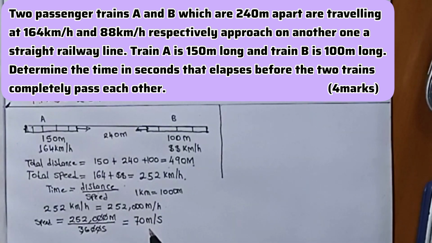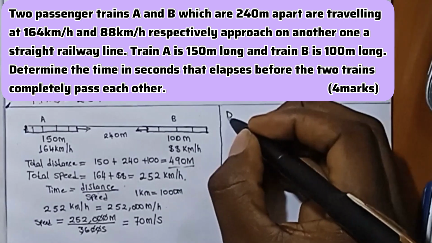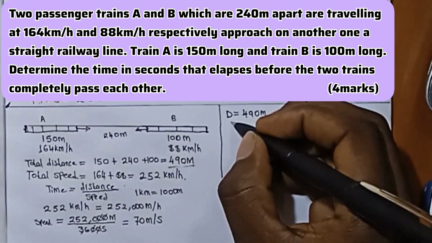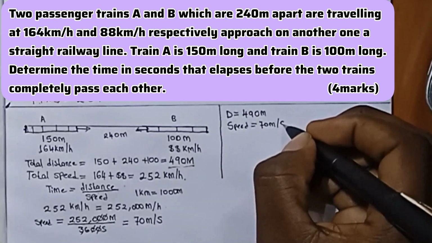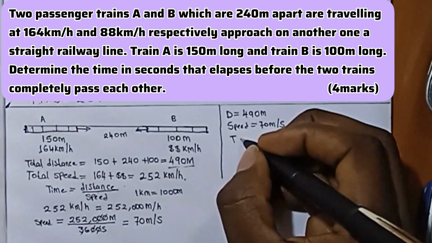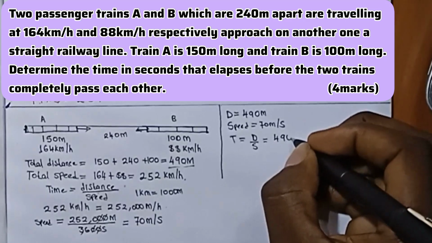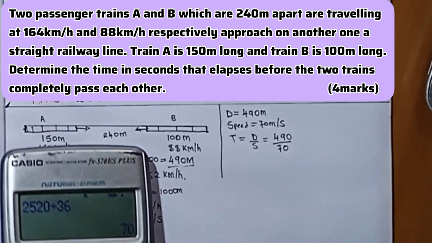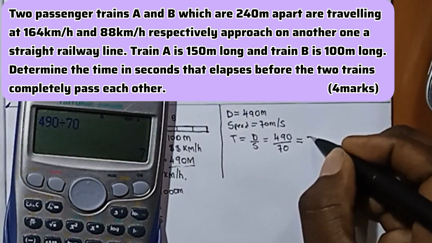So this is the speed. Remember, this is the distance. So distance is equal to 490 meters, and speed is equal to 70 meters per second. So time is equal to distance over speed, which is equal to 490 over 70, which is equal to 7.